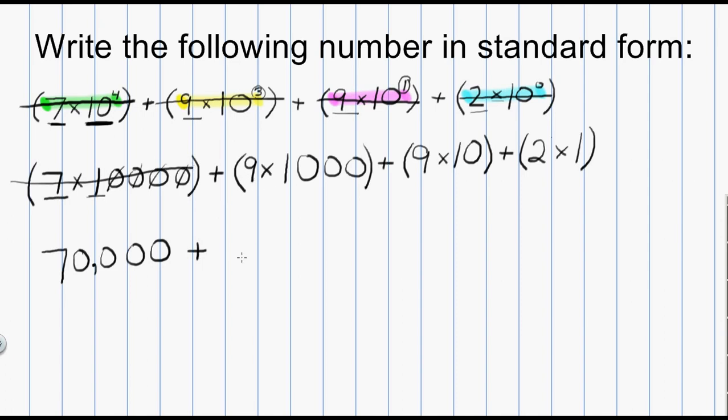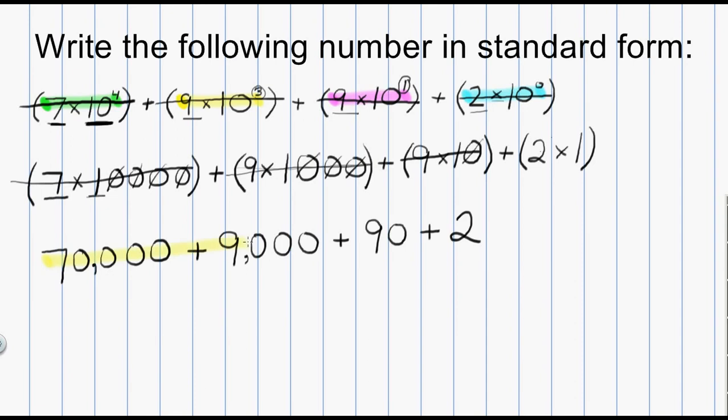And then 9 times 1 is 9. And I have 1, 2, 3 zeros. So bring down 1, 2, 3 zeros. Now I've got 9 times 1 is 9. And bring down that 1 zero. And then finally 2 times 1 is 2.